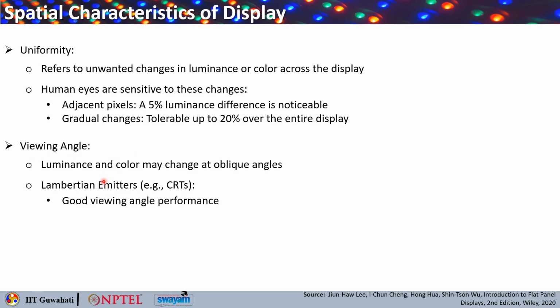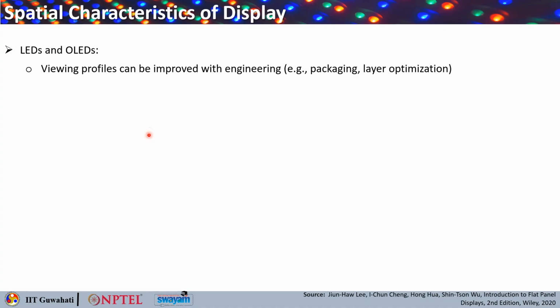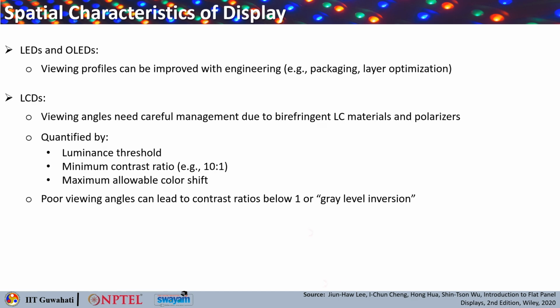That means the luminance and the color should not change at oblique angles. Traditionally, Lambertian emitters like CRTs give you good viewing angle performance. How about LEDs and OLEDs? Their viewing profile can be improved with engineering. You can use packaging or do layer optimization so that the color and the image quality remain the same at large oblique angles also.